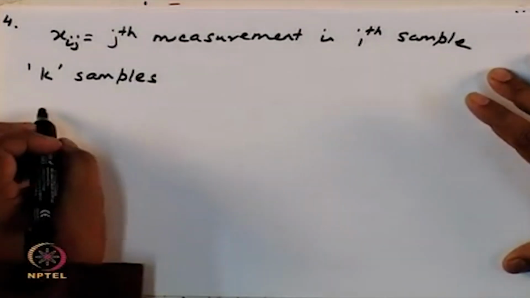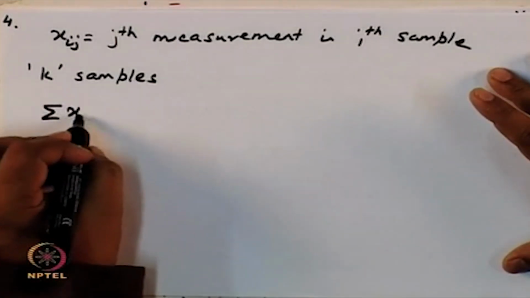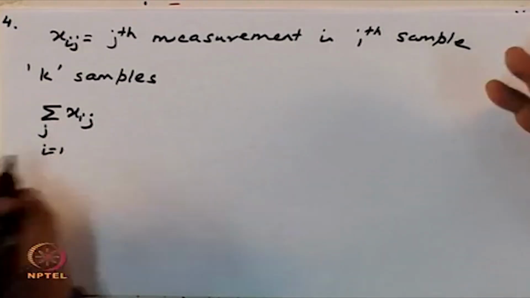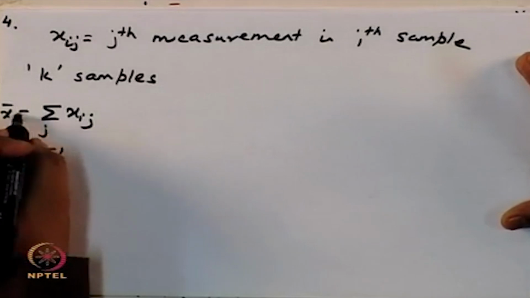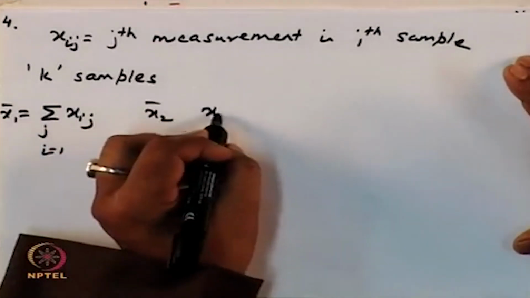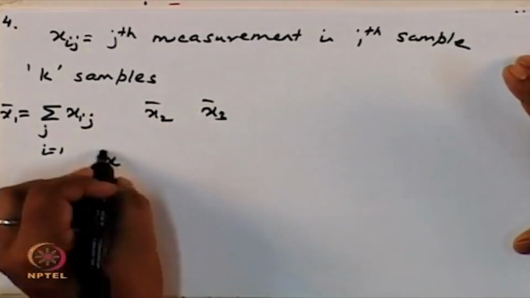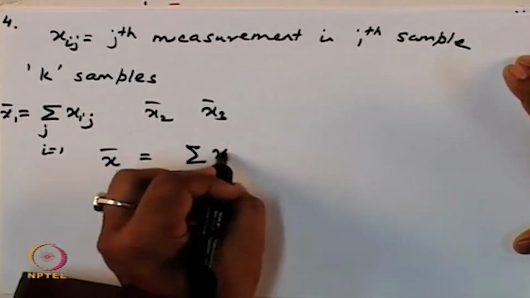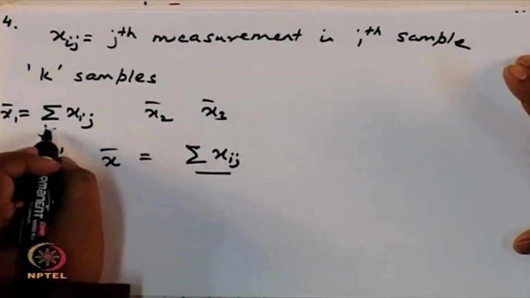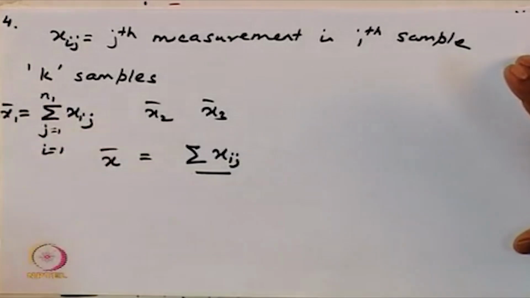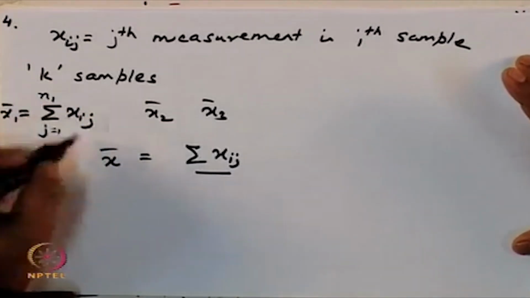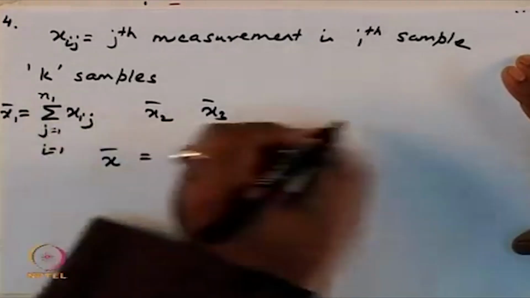So, you can do summation of Xij for all j and given i is equal to 1 or 2. Okay. So, then you will have the value of x1 bar. So, similarly you have x2 bar, x3 bar, and you can also calculate x bar, which is essentially summation Xij for all, so let us say this is j equal to 1 to n1, where n1 is the sample size of population 1. Okay. Similarly, you can do all.